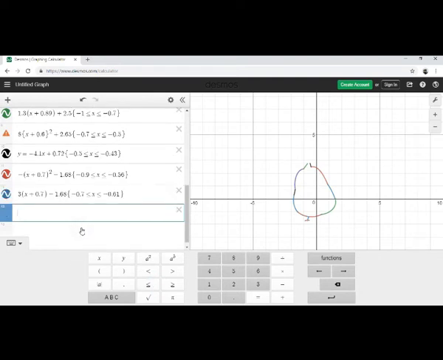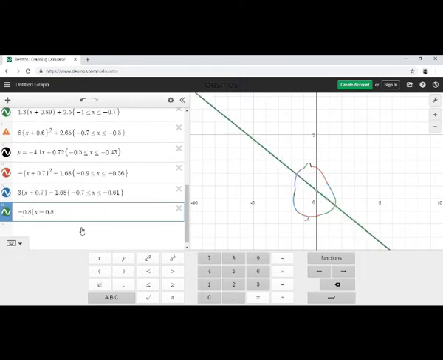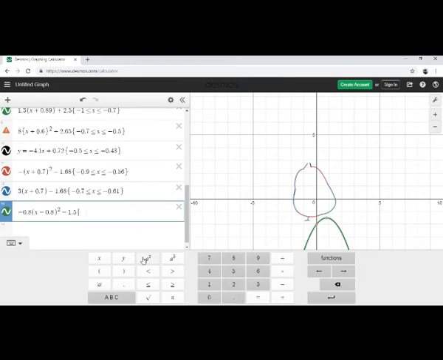Negative 0.8 times (x − 0.8)² − 1.5, with 0.25 ≤ x ≤ 0.8.